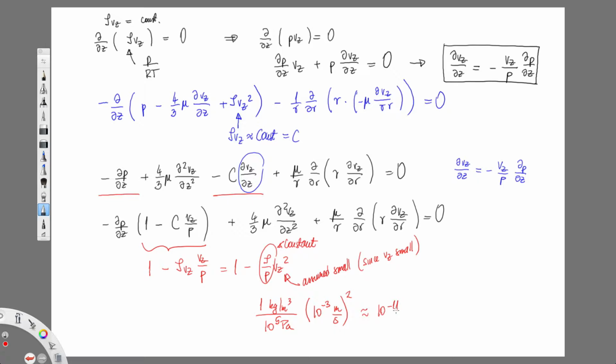Even if I put 10 to the minus 2 meters per second, this would still be around 10 to the minus 9. So compared to 1, it's a pretty small value. Note that all of these units basically disappear. So 1 minus 10 to the minus 11 is, well, 1. Okay, fair enough.